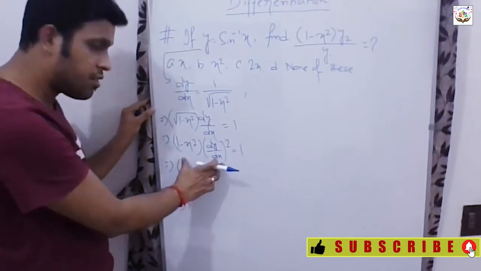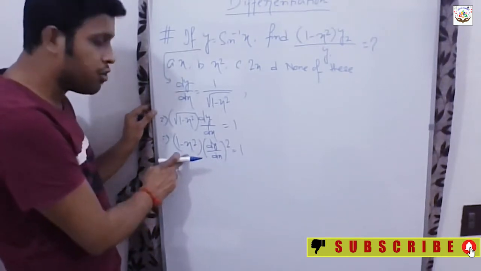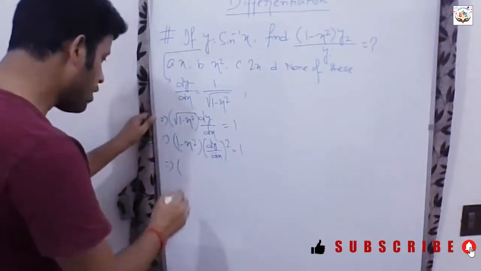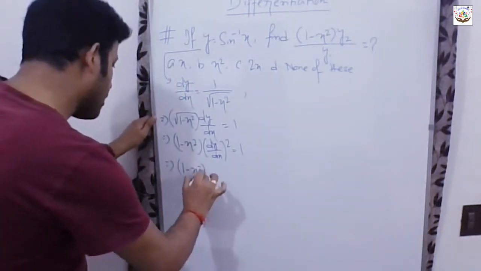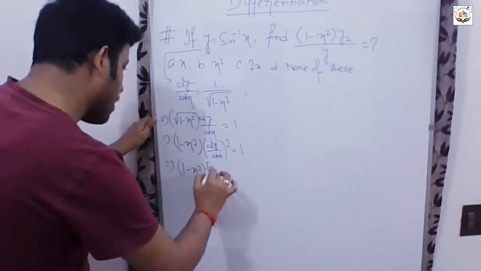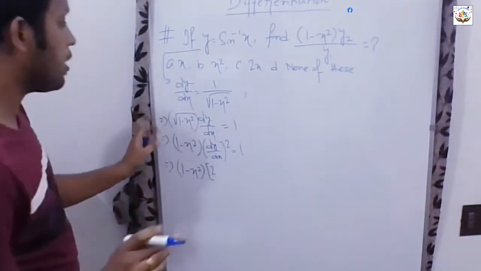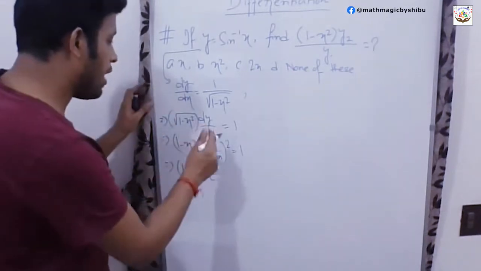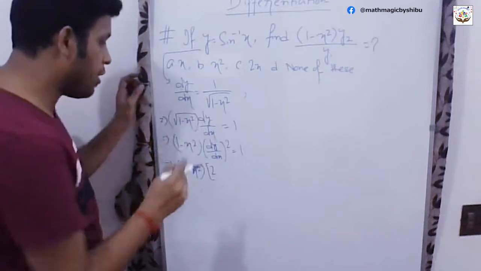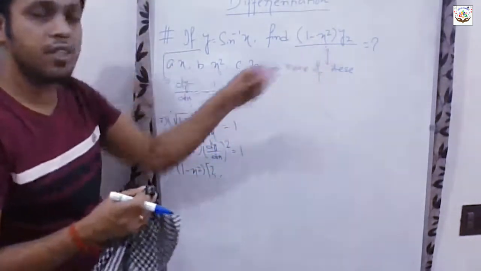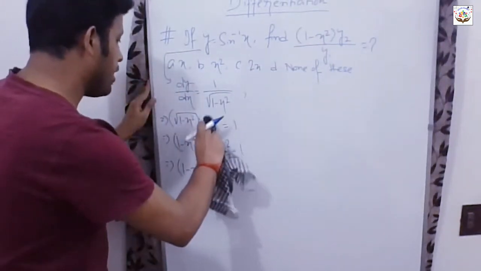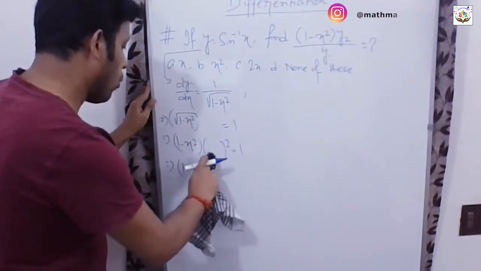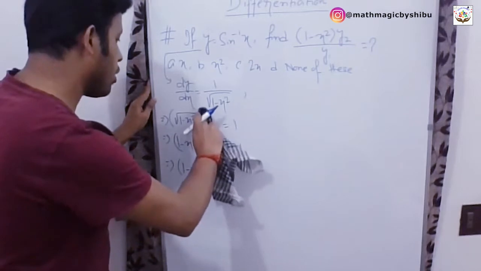For the left side's differentiation, consider this part as the u function and this part as the v function. Remember dy/dx needs to be considered as y1, so let us write y1 instead of dy/dx. It will help you to understand and find the expression, so you do not get confused.